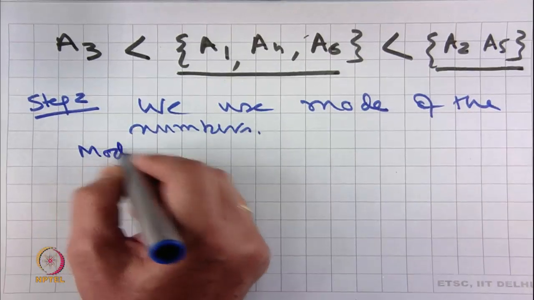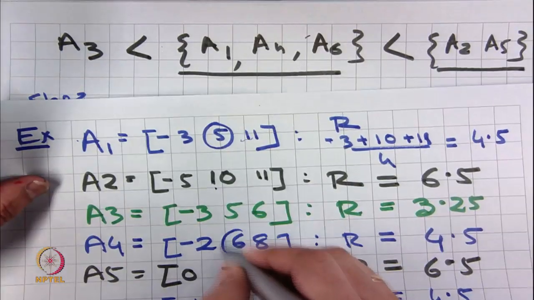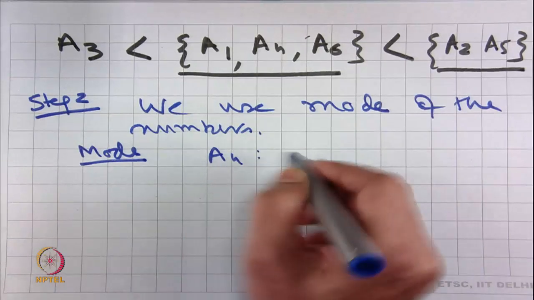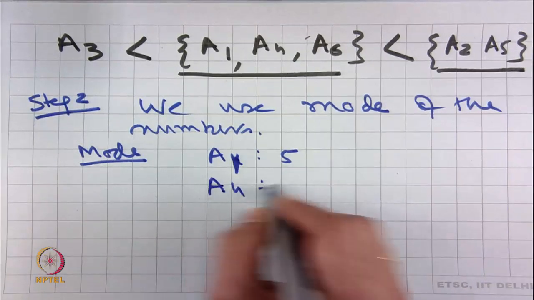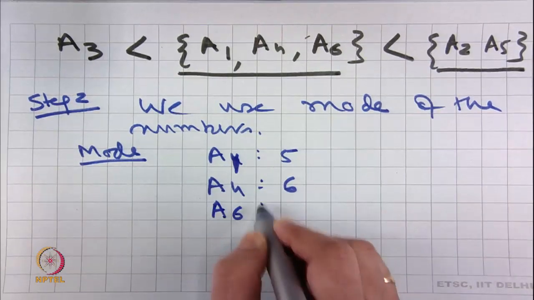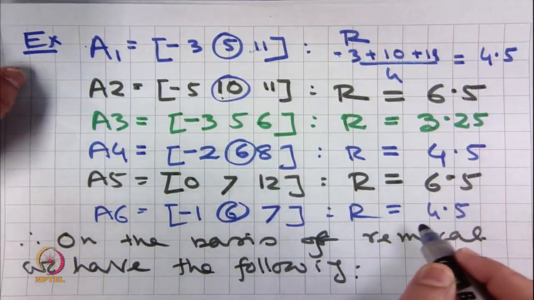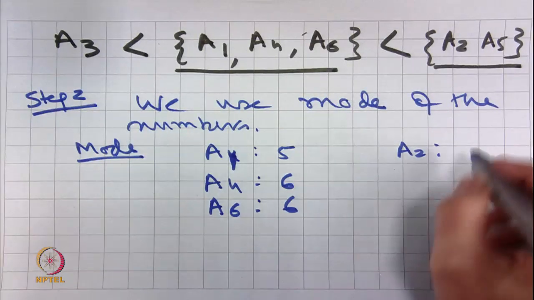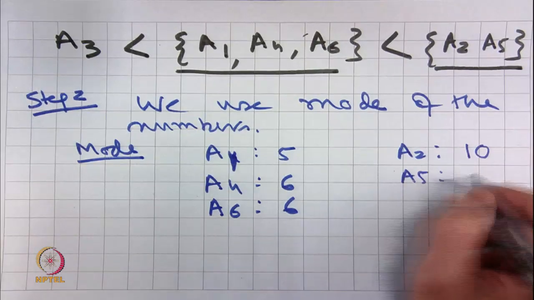So, if we compare, the mode for A1 is 5, for A4 is 6, and for A6 is 6, and mode for A2 is 10 and mode for A5 is 7.